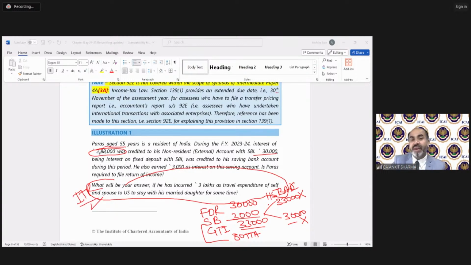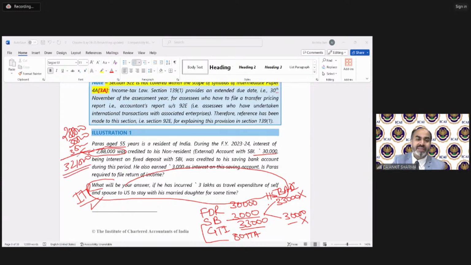Suppose this 2,88,000 is not exempted, then his total income will be 2,88,000 plus 30,000 plus 3,000. That means 3,21,000.